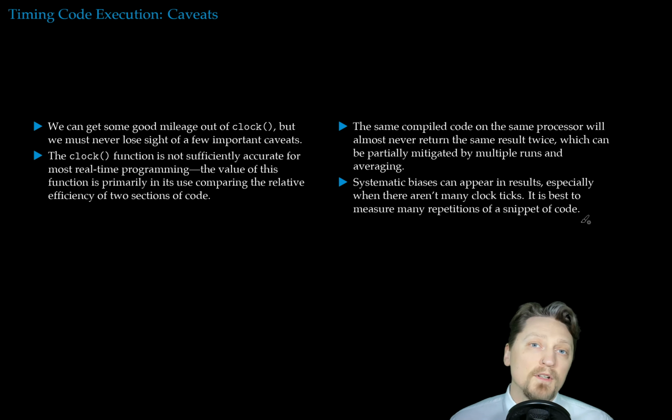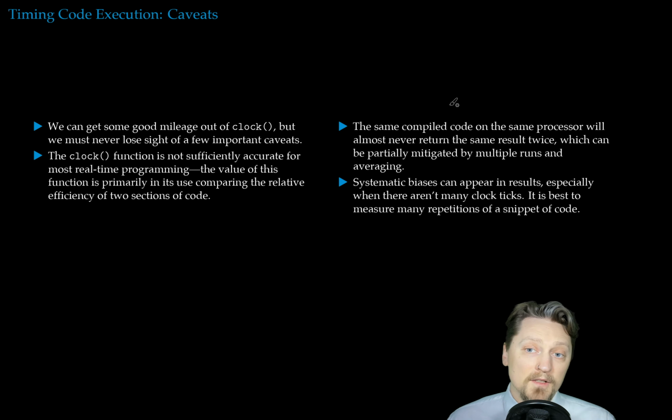Timing code execution, caveats. We can get some good mileage out of clock, but we must never lose sight of a few important caveats. First, the clock function is not sufficiently accurate for most real-time programming in the sense of measuring time. The value of this function is primarily in its use comparing the relative efficiency of two sections of code.